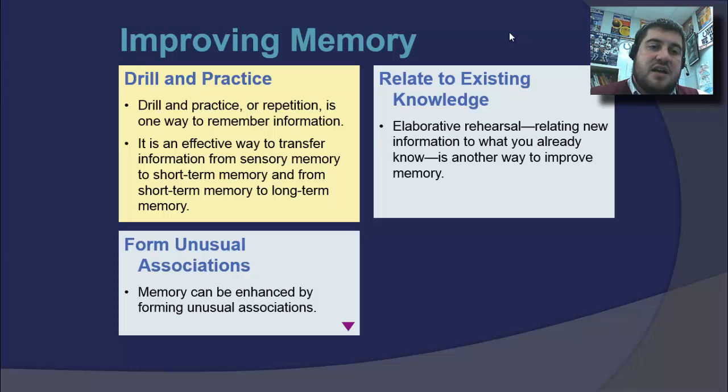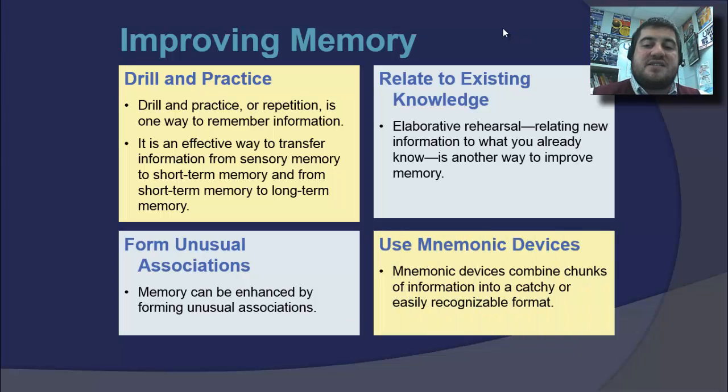So if you need milk, put milk in your bed. If you need cheese, put cheese on the door handle, you know, and just walk through your house and remember these unusual associations. And then lastly, mnemonic devices, catchy and easily recognizable formats to help remember more complex information.